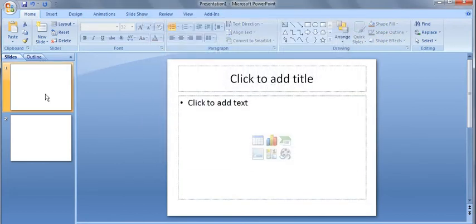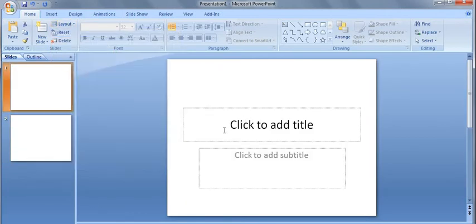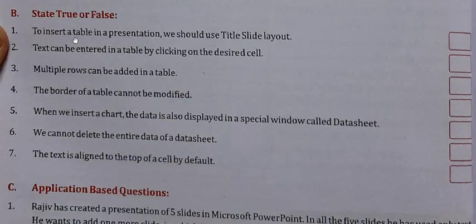But in the title slide layout we don't have the option to add the graph. So this is the problem, right? That's why to insert a table in a presentation we should use title slide layout. So no, we use title and content, right? So what is the answer here? False.